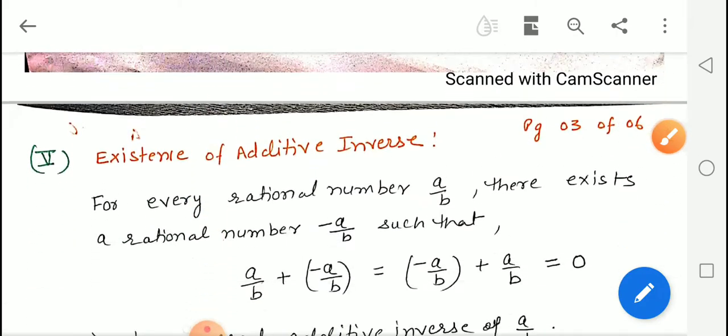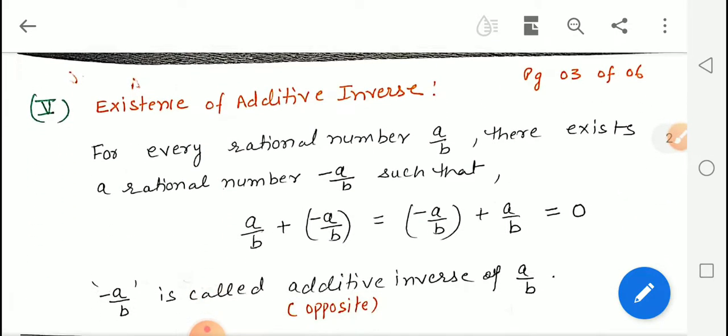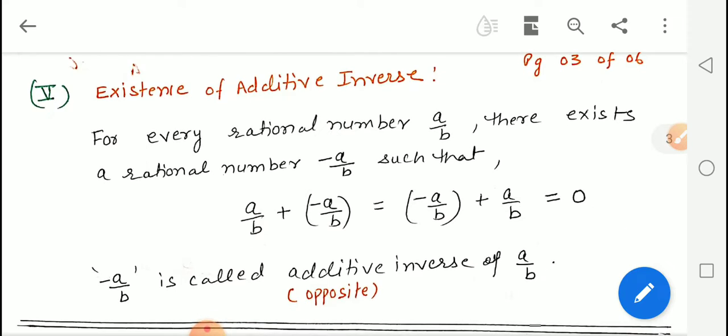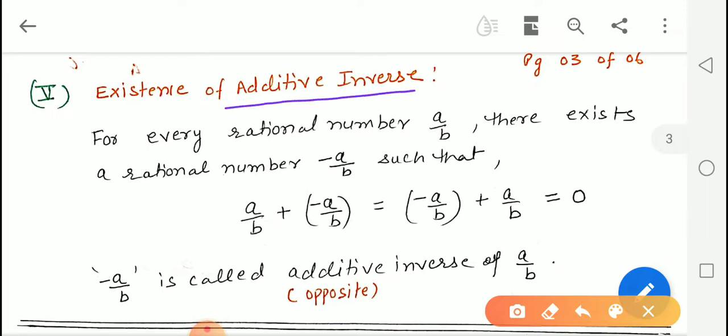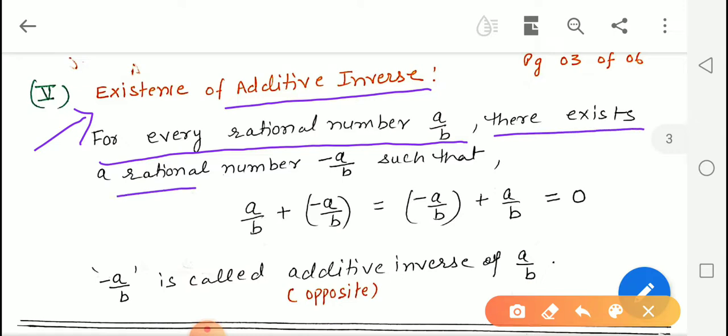Now let us do the next property. This property we have already discussed under the topic of additive inverse. Now this property is existence of additive inverse. It says that for every rational number a upon b, there exists a rational number negative a upon b, that is the opposite of that number, such that if we add a number to its additive inverse, then the answer will be 0.